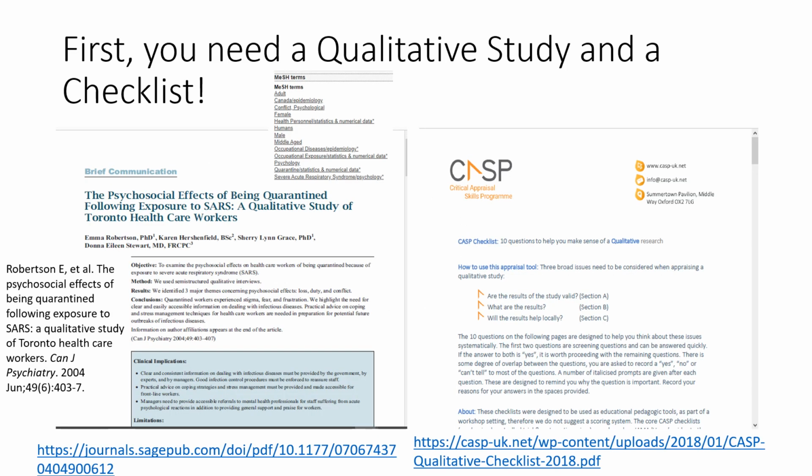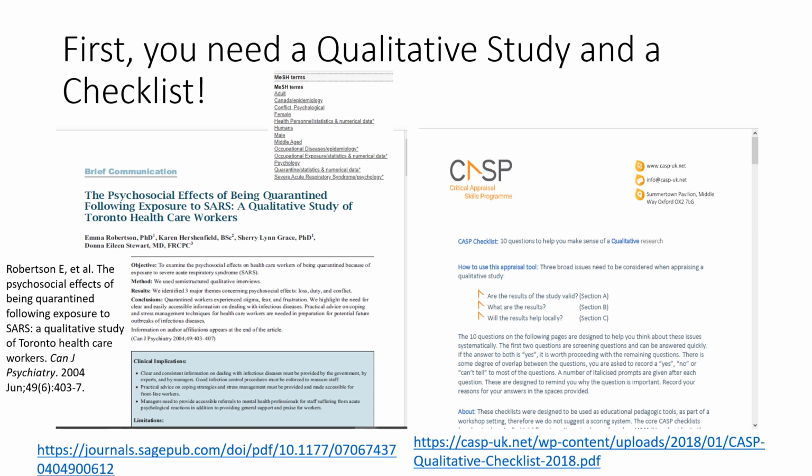So the first thing that you need in the process of critical appraisal as part of the quality assessment process of a systematic review, you need to identify your qualitative study.